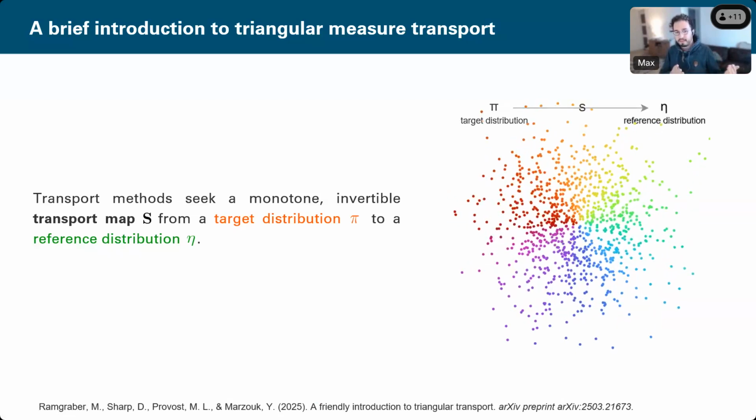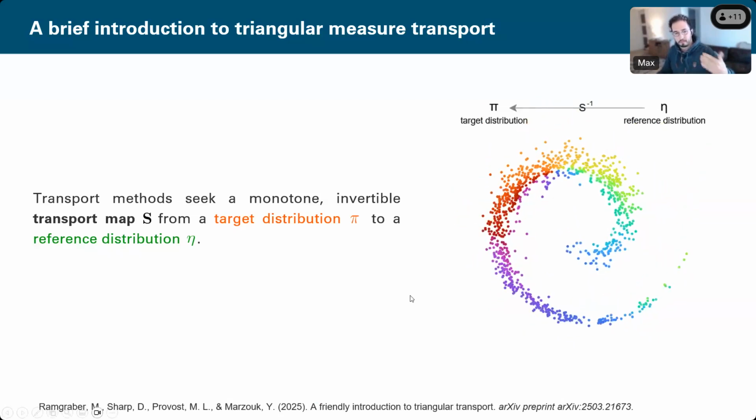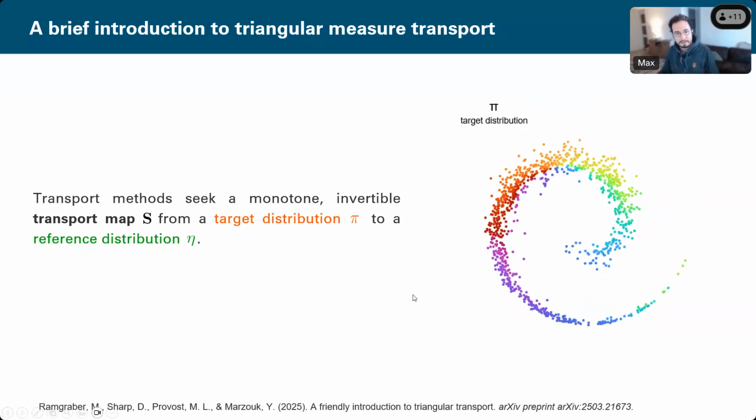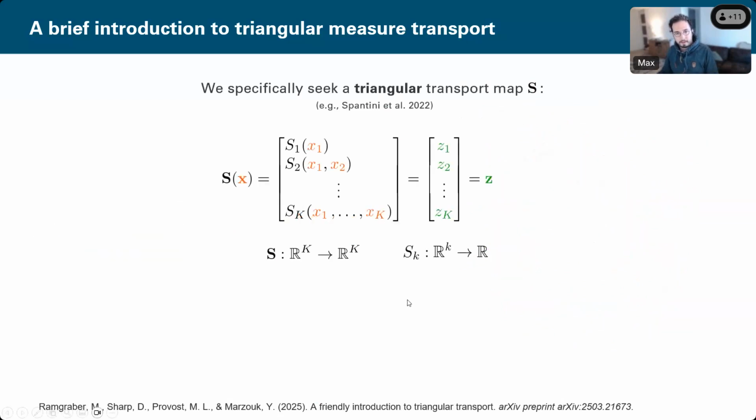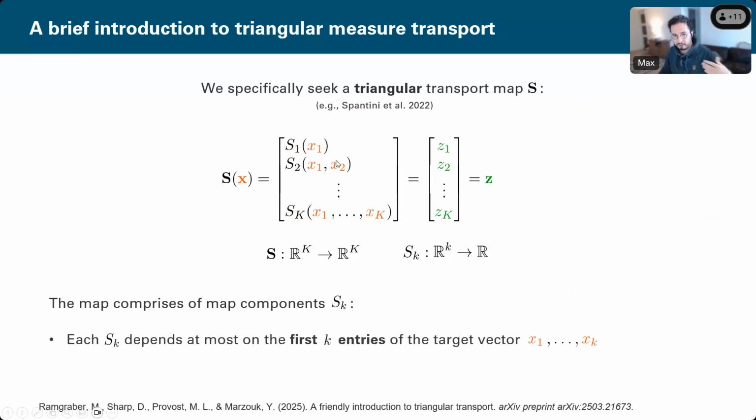What makes triangular transport methods special is that we posit a certain structure for our triangular transport map. Specifically, our map should look a little bit like this, where the full map is a vector of transformations, so-called map component functions, each of which transforms one variable in our system, and each of which depends on progressively more variables.